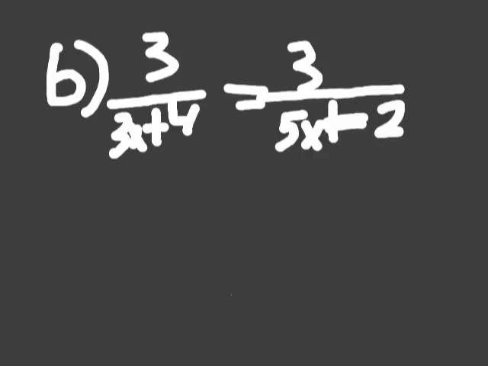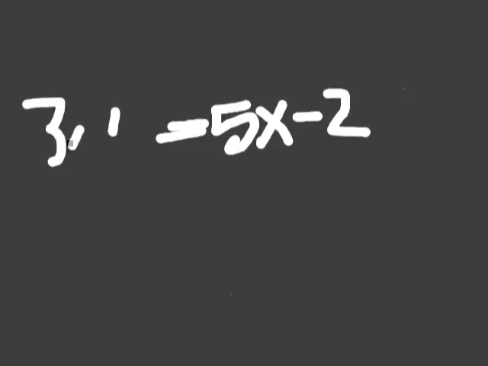So the first thing you should do is, in the denominator side, which is 5x minus 2 equals 3x plus 4.